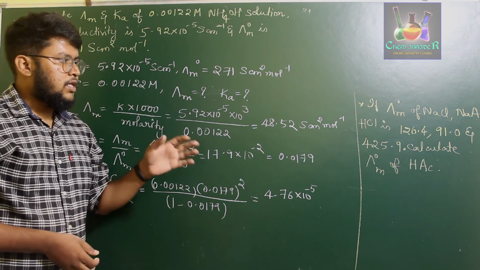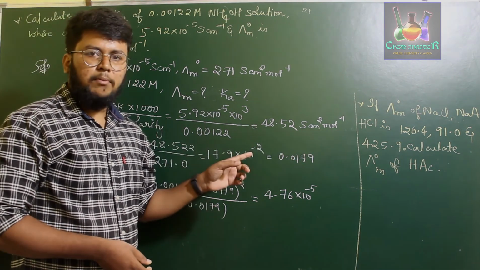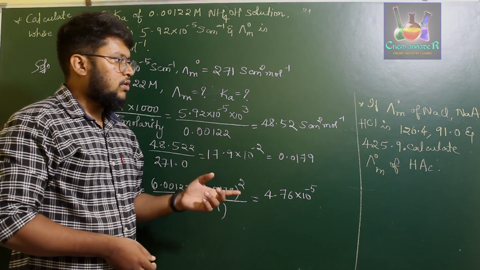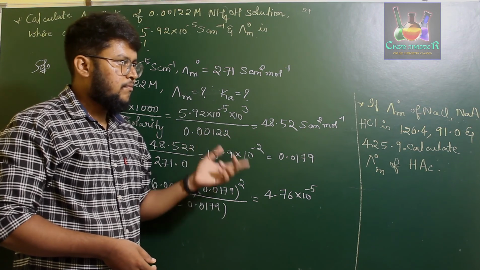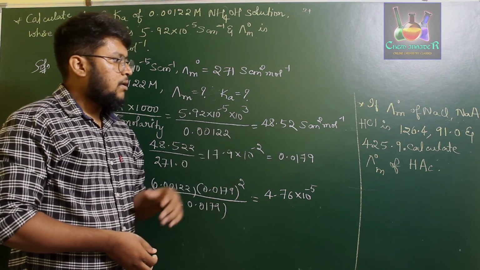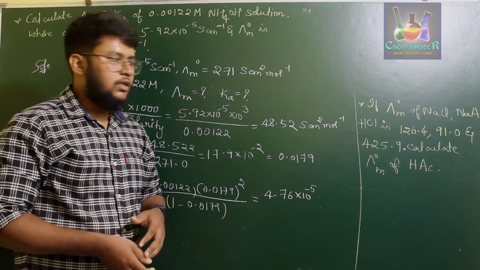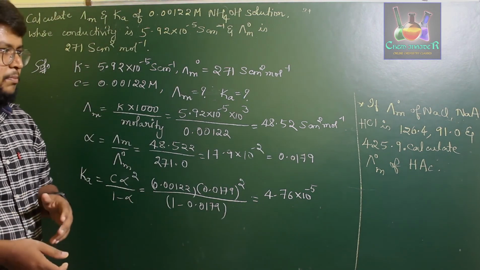Similarly, you take lambda naught of NaCl minus lambda naught of NaAc equal to lambda naught of HCl minus lambda naught of HAc. So you do that, and thus you calculate the value for HAc. That is a simple calculation, simple mathematics.